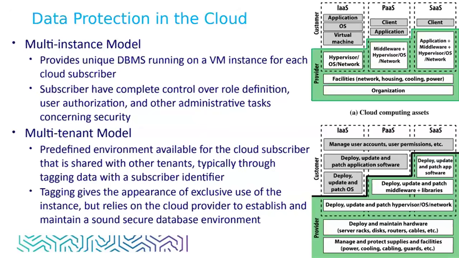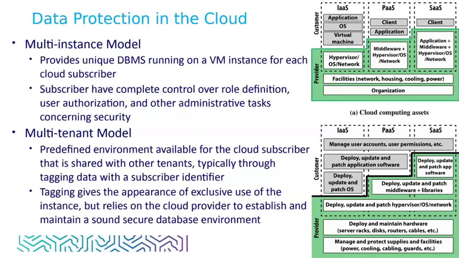The multi-instance model provides a unique database management system, which runs on a virtual machine instance for each cloud subscriber. So a multi-instance model is a cloud database model where each subscriber has a separate database management system running on its own virtual machine instance.